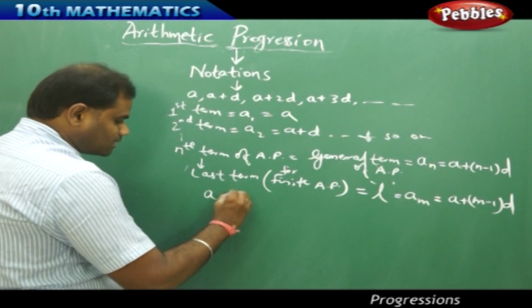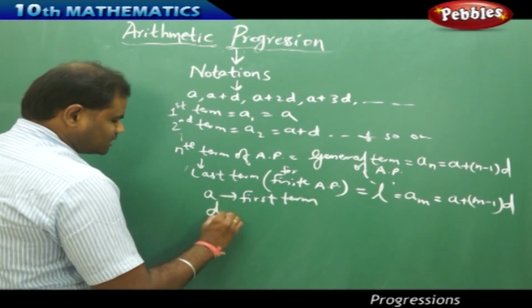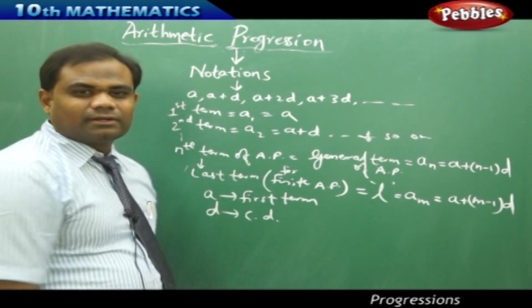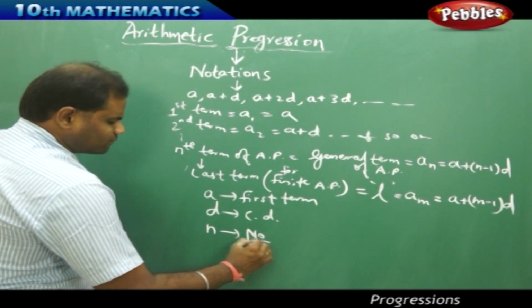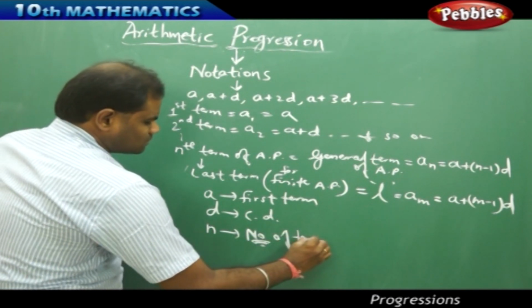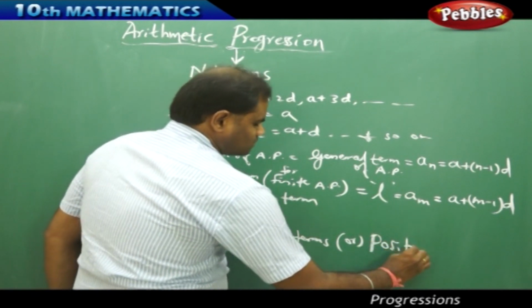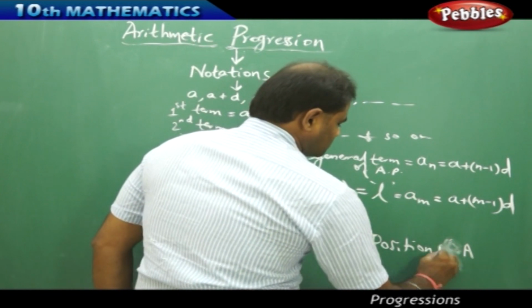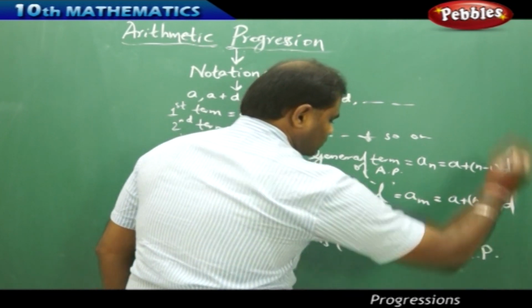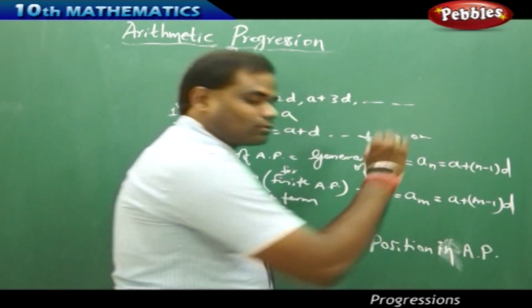We have already discussed that a is always the first term, d is the common difference, and n is the number of terms, or the position in the arithmetic progression.